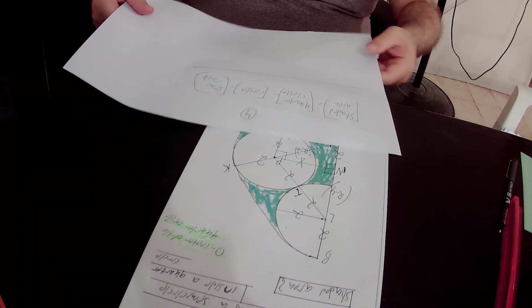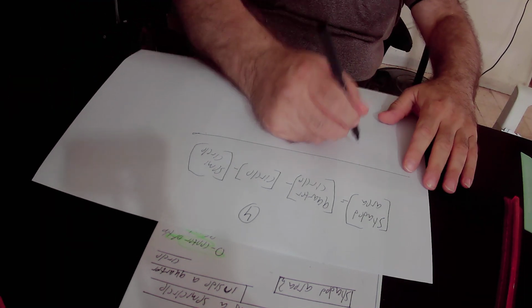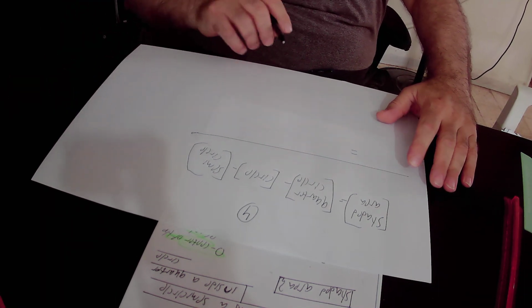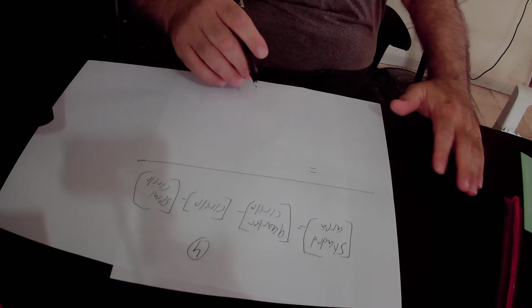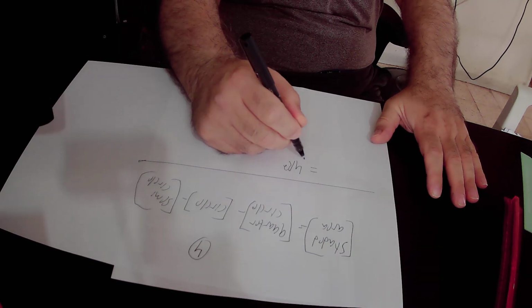So it is actually equal to the area of the quarter circle, and we know that the area of the quarter circle equals pi r squared over 4.